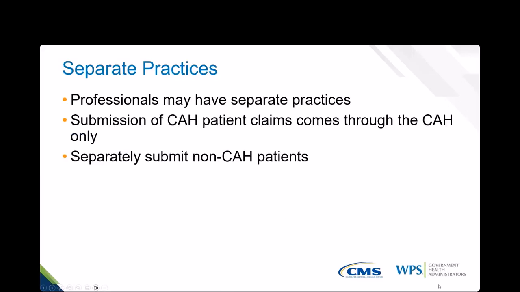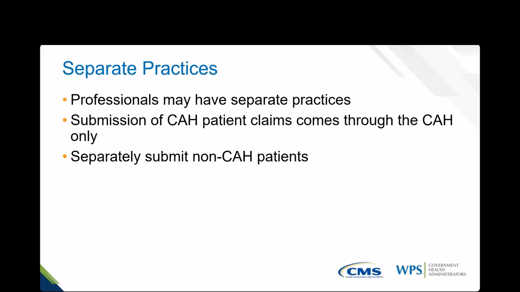All right. So providers can have separate practices. There can be patients that they're treating that are part of the CAH, and they've reassigned those benefits to the CAH. So the CAH is going to bill for those, not the physician or practitioner. The physician or practitioner could have their own separate practice.